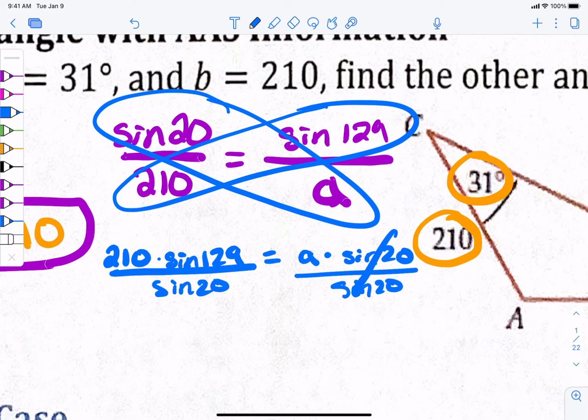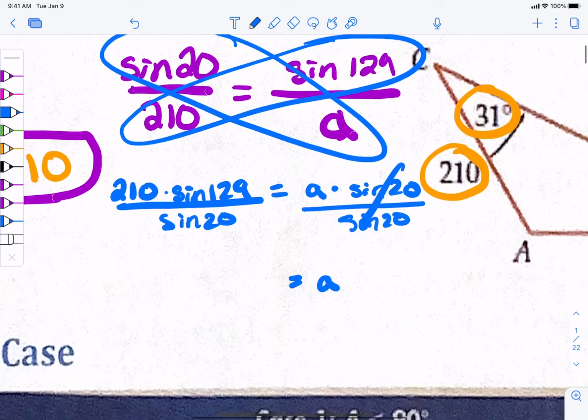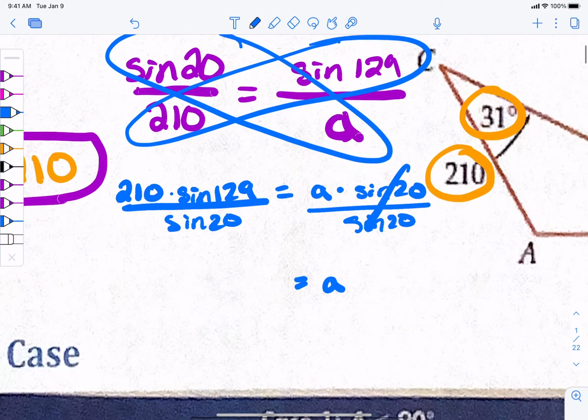Do you need to be in radians or degrees? Why degrees? Because you're doing sine of a degree, right? This is 20 degrees and 129 degrees, okay? So 210 sine 129 divided by sine 20, and A is something. 477.2. I get that right.